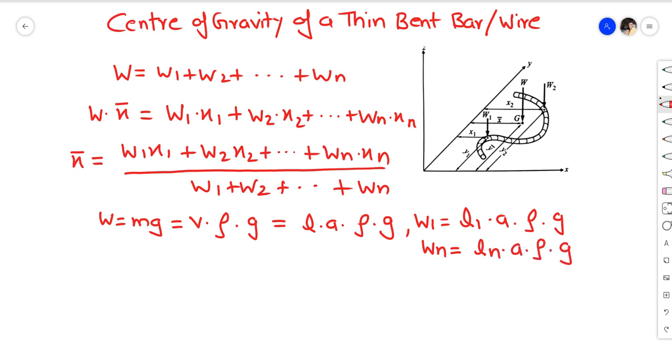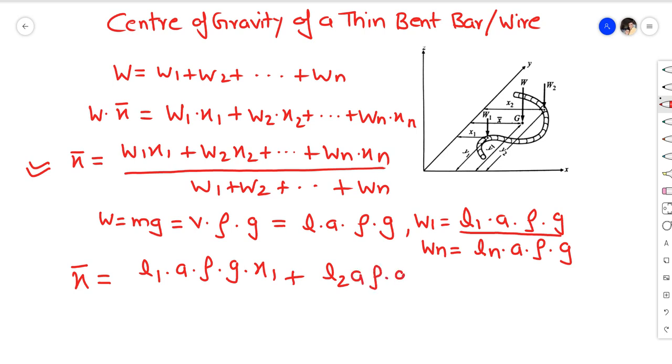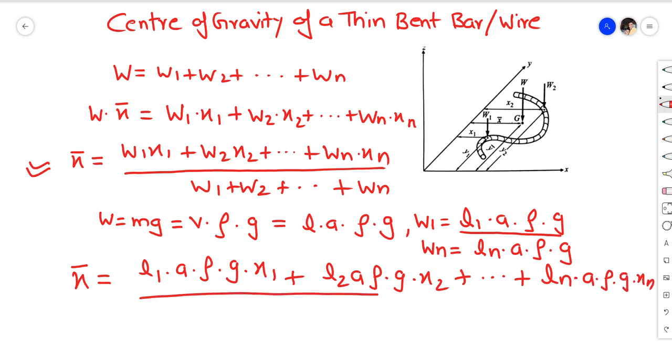So if I put these values in this formula, we get x bar is equal to, for W1, L1 into A into rho into g into x1 plus, at the place of W2 we can write L2 A rho into g into x2 plus Ln A rho g into xn, divided by W1 plus W2.